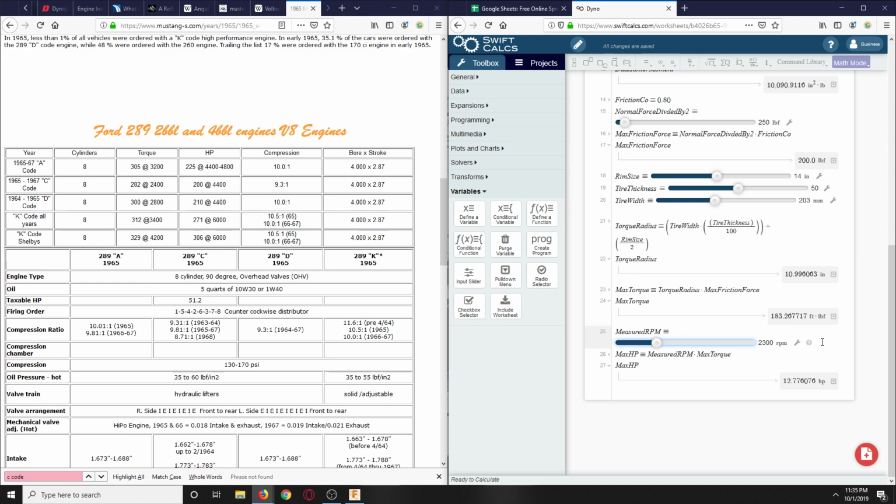So what can we do to change that, to make that better? We can increase tire size, basically.